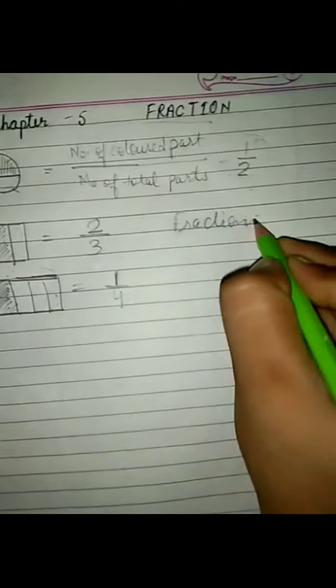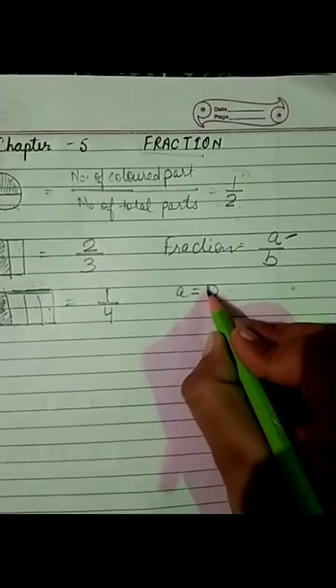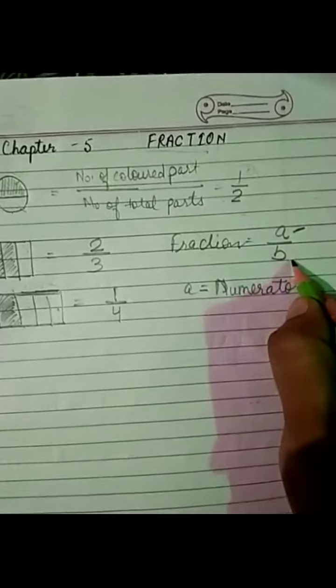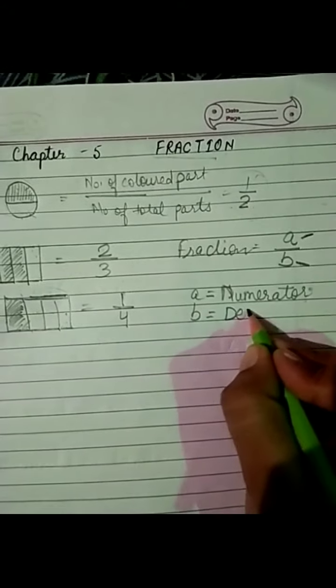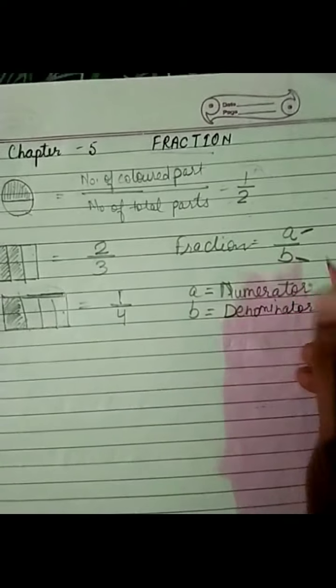You can write a fraction in the form of A upon B, where the upper part is A, which is the numerator, and the lower part of this fraction is B, which is the denominator.